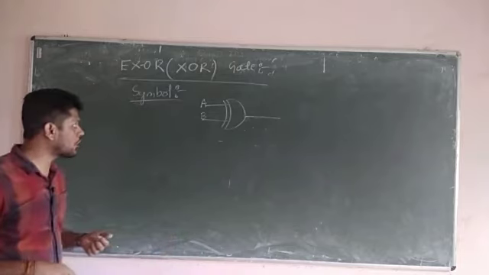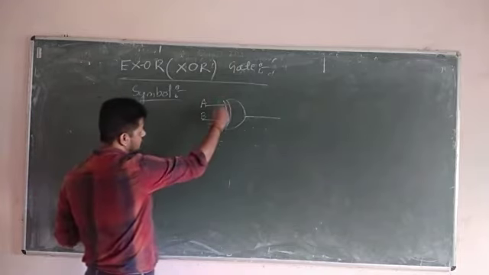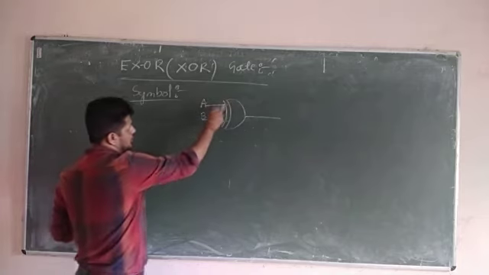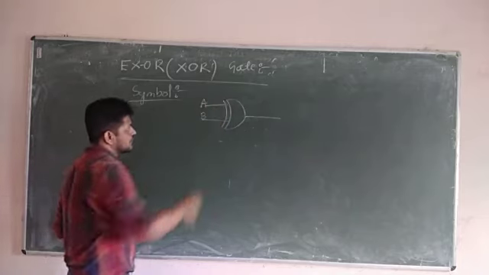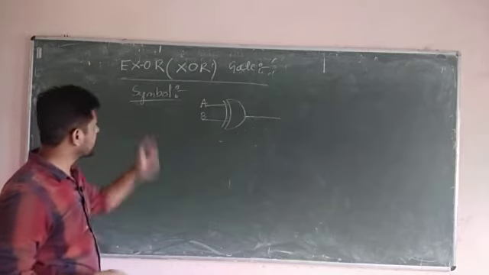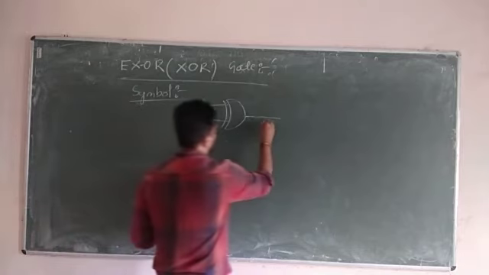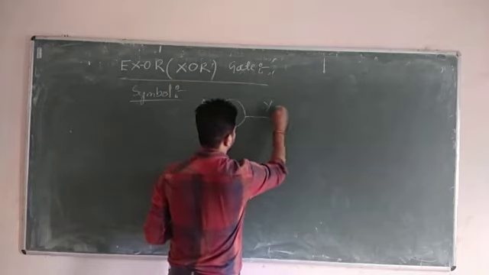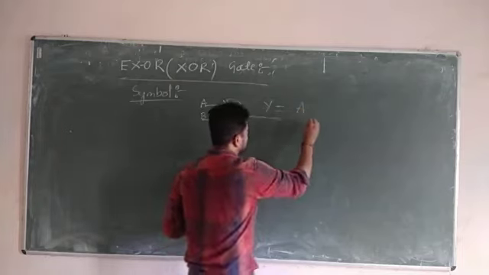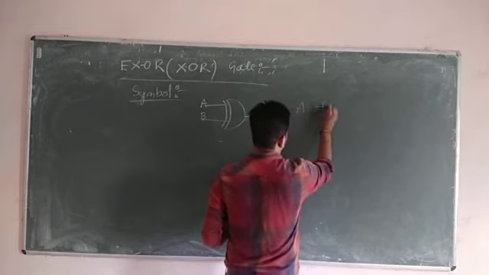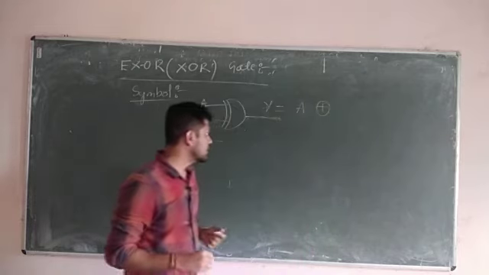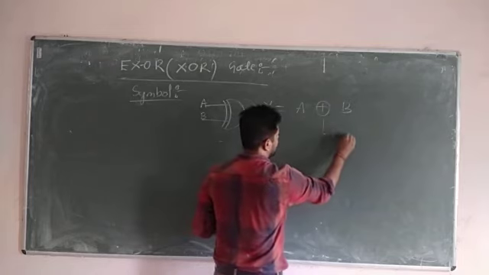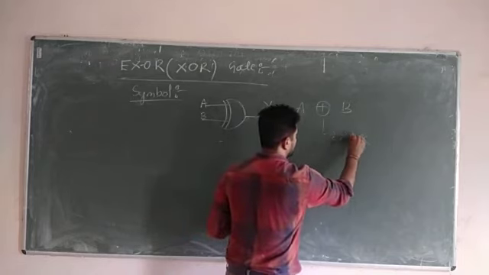Don't confuse it with your OR gate. In the OR gate we don't have this extra curved line. Here we have to draw it like this, and this gate is your XOR gate, and the output of this gate is Y, as you write in Boolean algebra. So this is the symbol for your XOR gate.